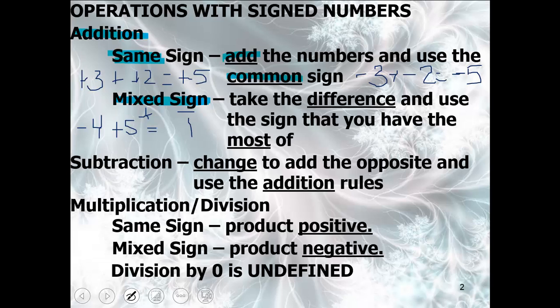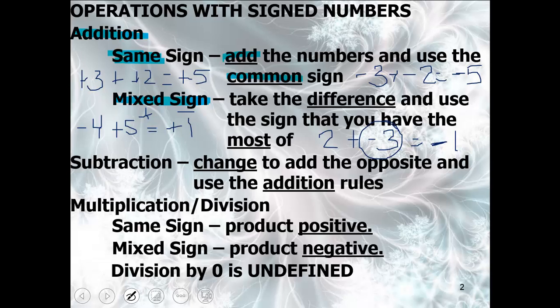I have 5 positives, which is bigger than 4 negatives, so that's a positive 1. If I have 2 plus negative 3, I'm adding mixed signs, so I take their difference and use the sign I have the most of. I have more negatives.